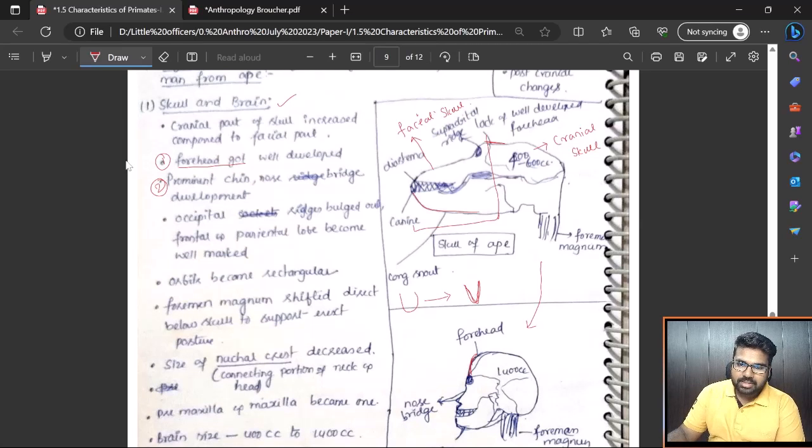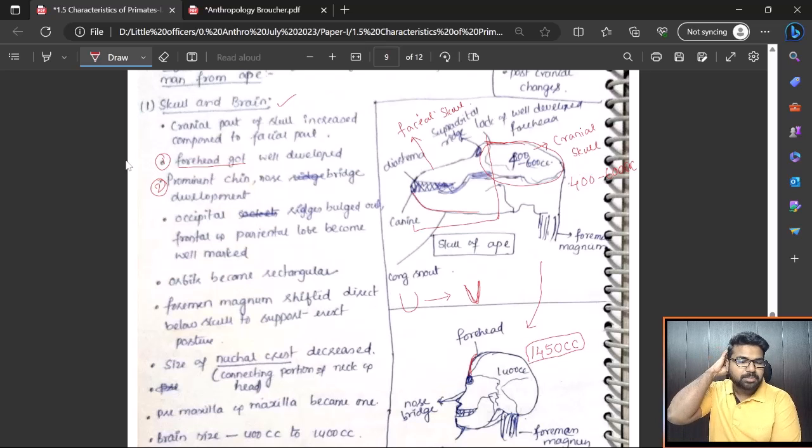Similarly, look at this. The brain got expanded. Earlier, the brain was around 400 to 600 cc. It is small. Now, in the modern man, it has expanded up to 1450 cc. 1400 to 1450 cc, that is the average capacity of the brain. So this is another change.